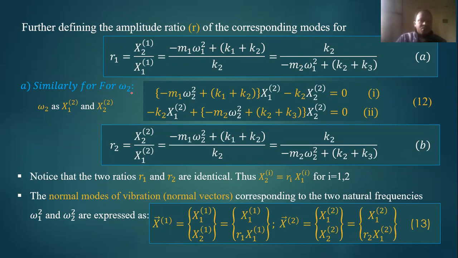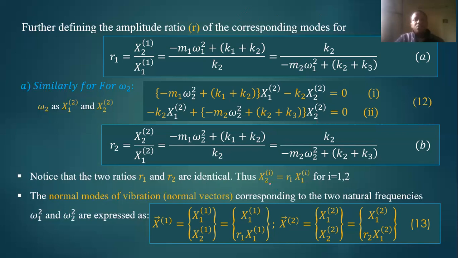Again, similarly for omega 2, just substituting into the equations with omega 2, we can find the amplitude ratio R2 of the second mode. This implies the second mode, and this implies the first mode. So just observing R1 and R2, in our case, in the first mode, R1 and R2 are identical.